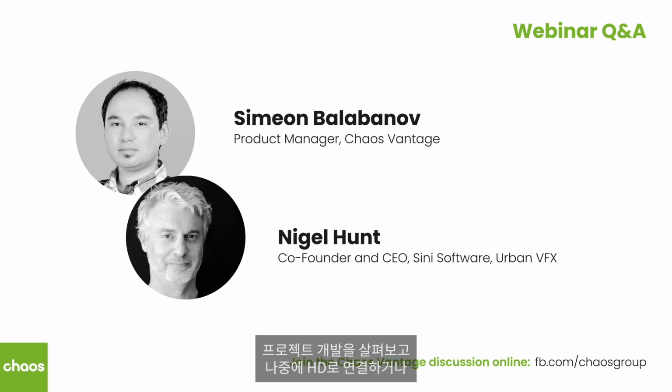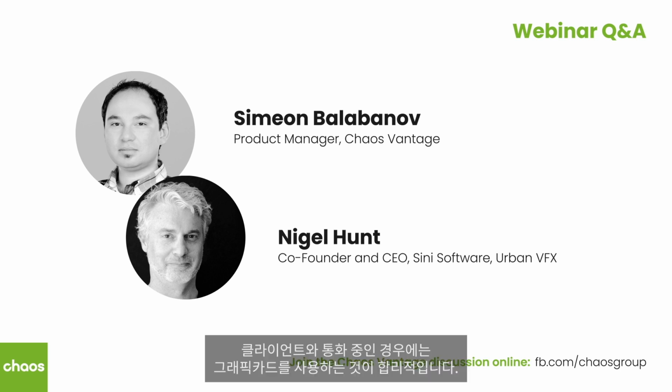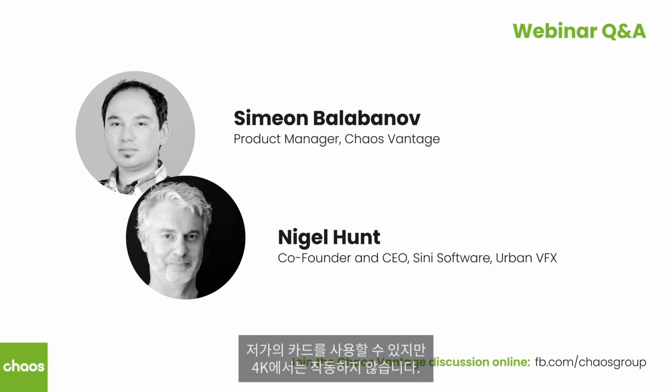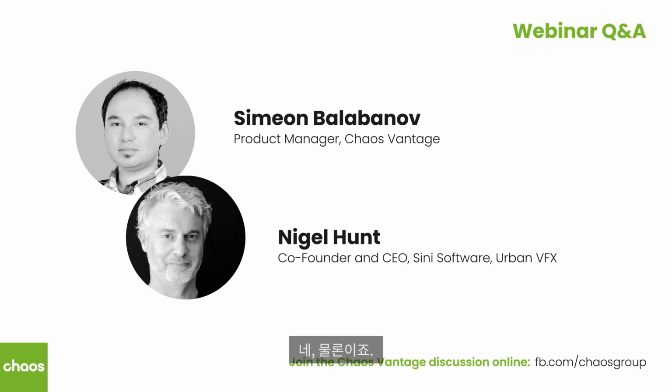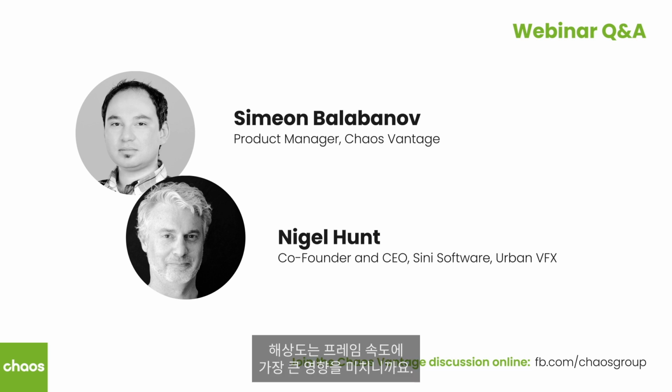We're trying to actually look dev a project, and then we can bang it up to HD later. Or if I'm on a call with a client, then just be sensible with your graphics card. You can use a lower end one, but don't expect to be working at 4K. Yeah, totally. And resolution is by far the biggest impact on the frame rate.